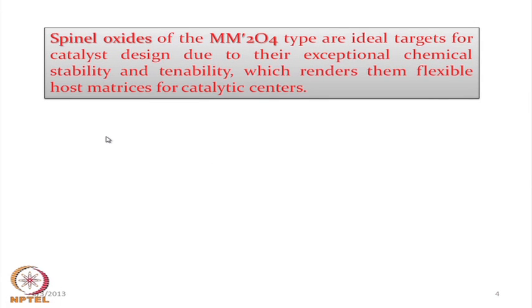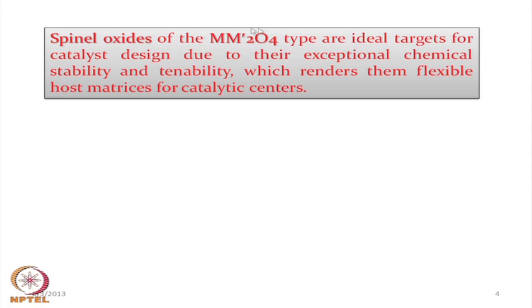So, what we get is that these spinel oxides have one metal in the A site and two others in the B site, where one metal can be magnesium or aluminum. The formula is MM'2O4, a typical target for the development of different types of catalysts.